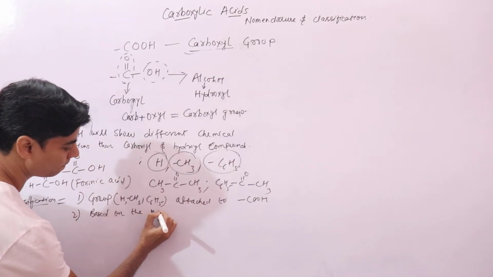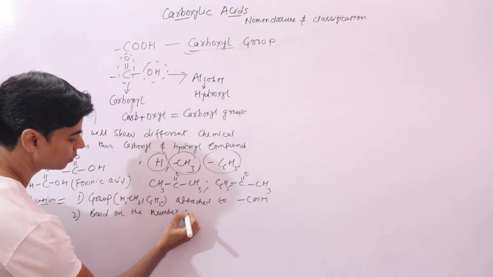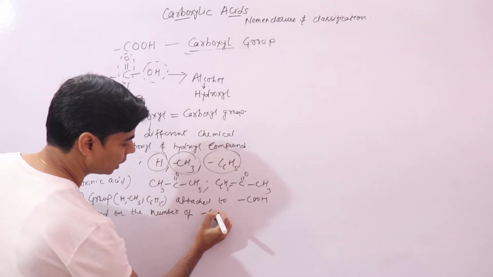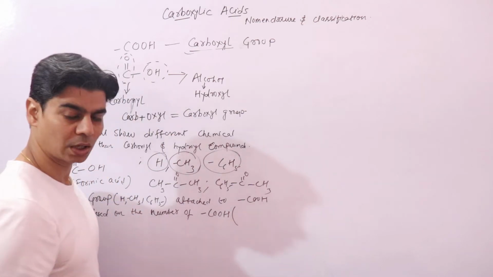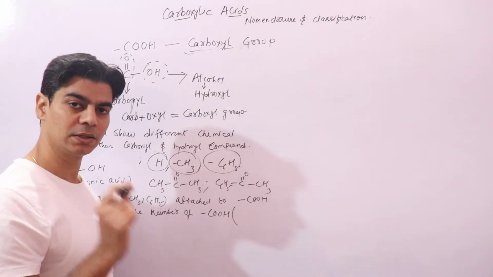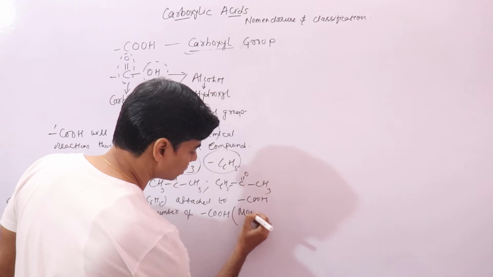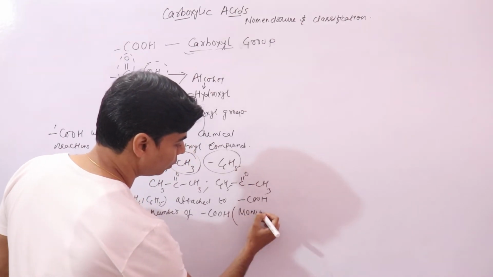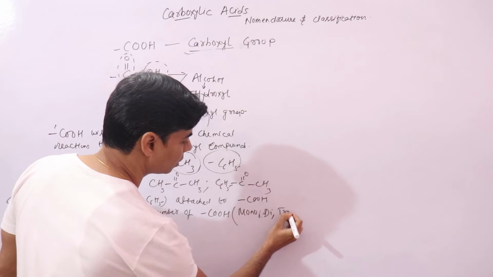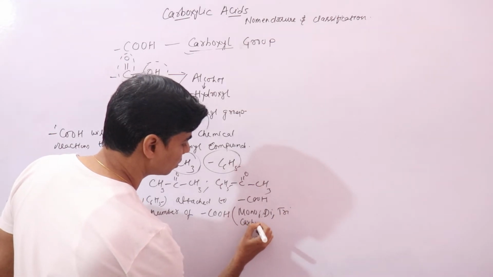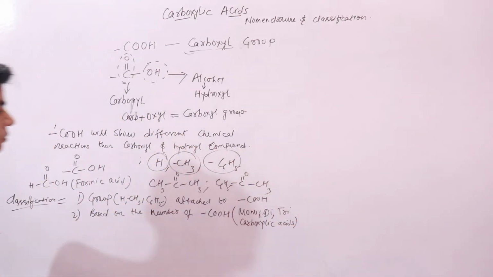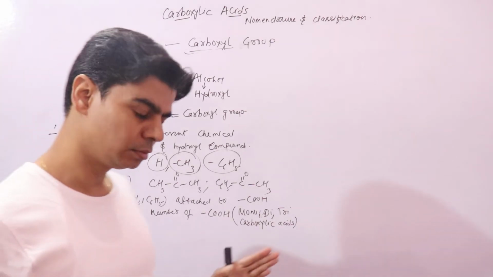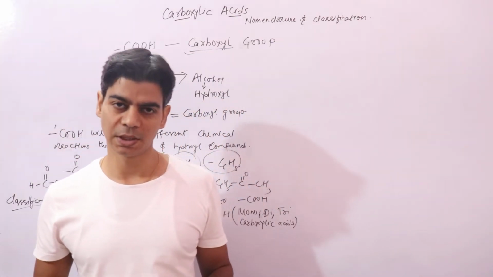The second classification is based on the number of carboxylic groups. Based on the number of carboxylic groups, we have mono, di and tricarboxylic acids. So these are two broad classifications of carboxylic acids.